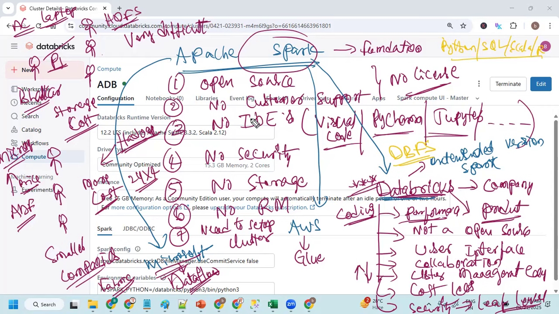But I'm not sure about Apache Spark, whether it is possible to write multiple languages within a single file. Not sure, because I did not work with Apache Spark. I work with Databricks only.